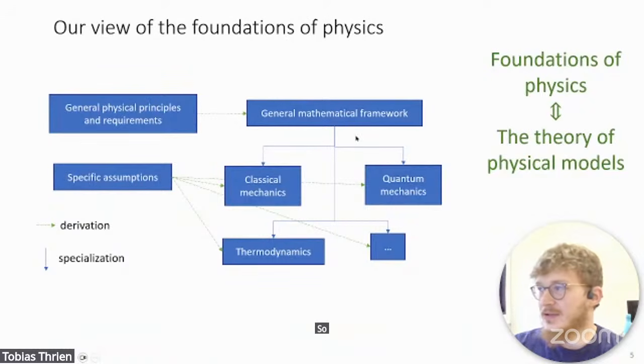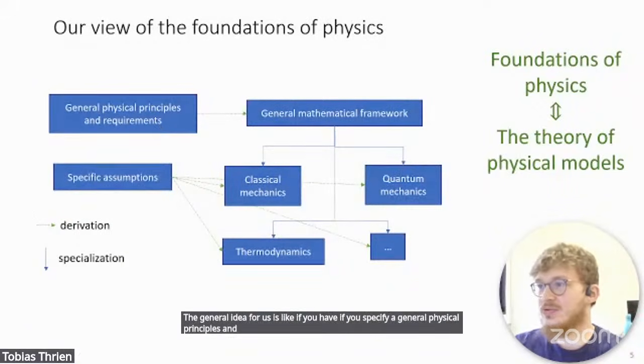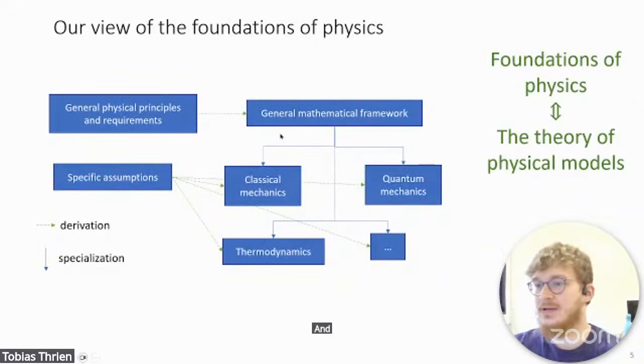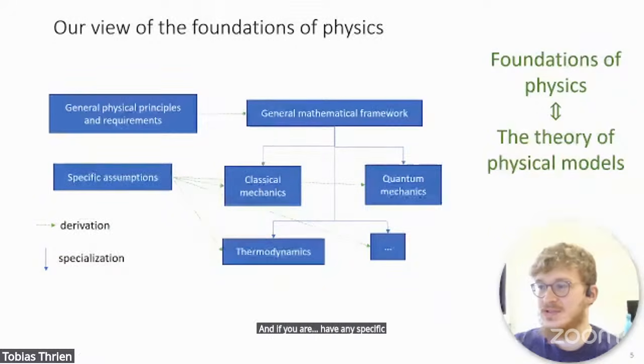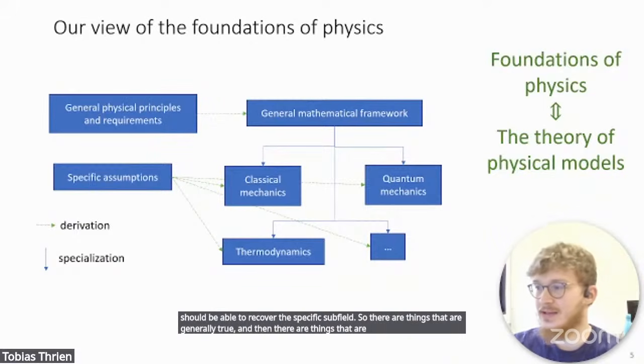The general idea for us is that if you specify general physical principles and requirements that should always be true, then we want to derive from that a general mathematical framework. And if you have any specific situation, any specific assumptions, then you should be able to recover the specific subfield. There are things that are generally true, and then there are things that are only true in classical mechanics.